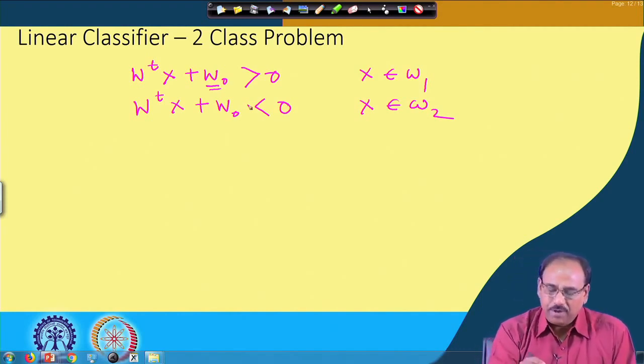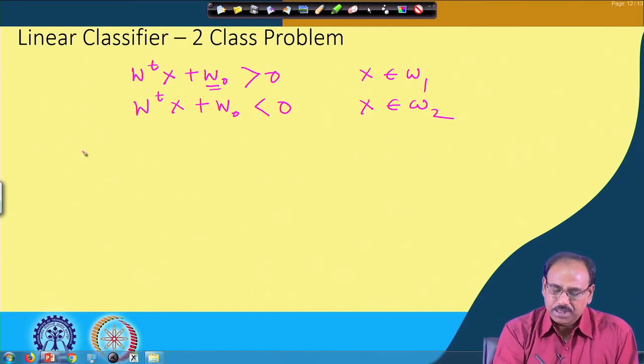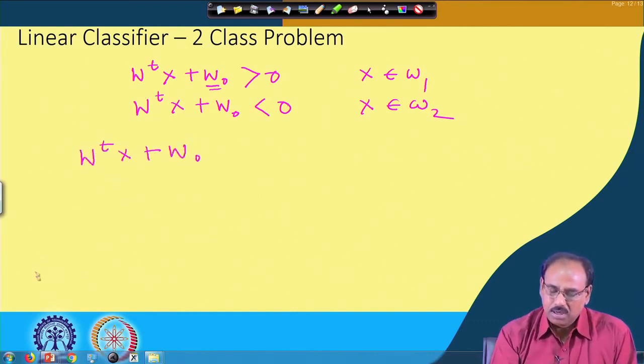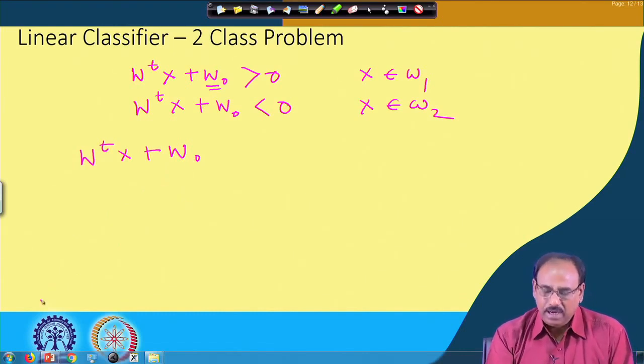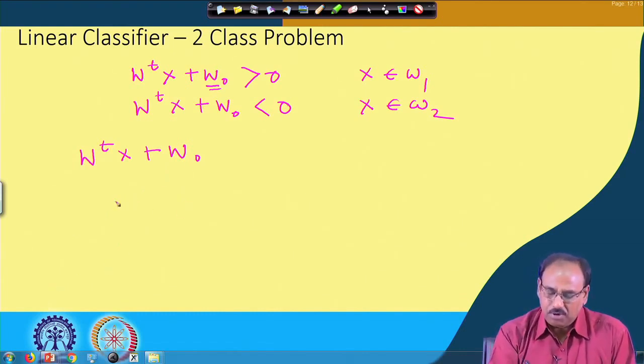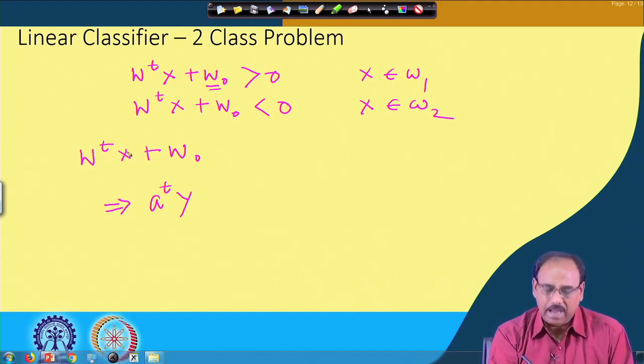Right. Now, we find that this particular expression w transpose x plus w naught, I can put in a unified representation in the form A transpose y. How can I do it? I have to append an additional dimension to this x.